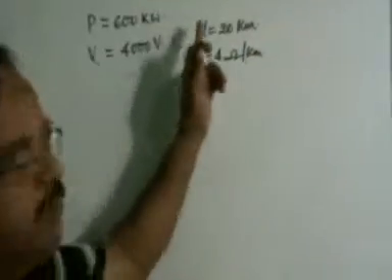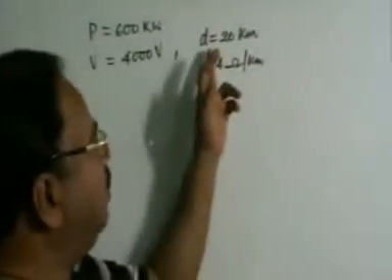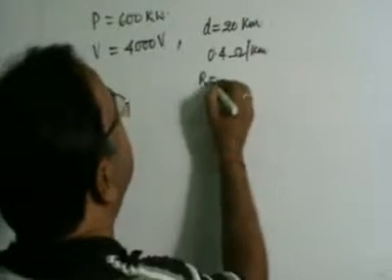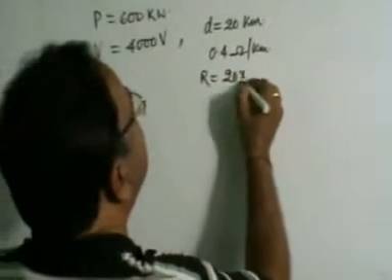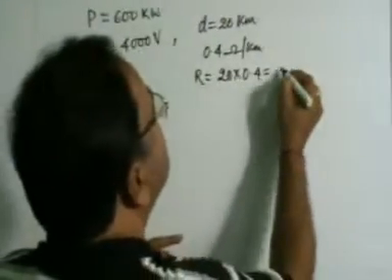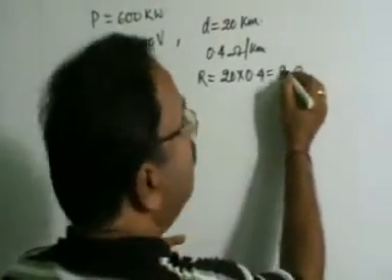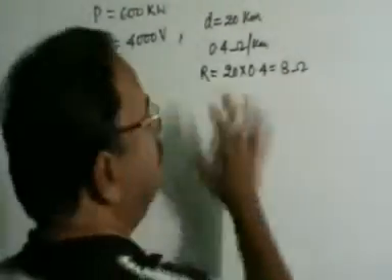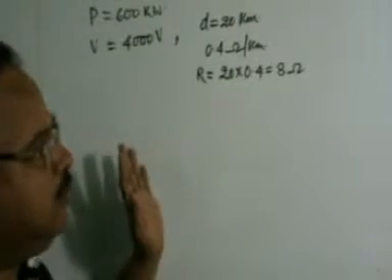So obviously, what will be the resistance of cable of this much length? R will be equal to 20 into 0.4. So this will be equal to 8 ohm. So this is the resistance of total cable.